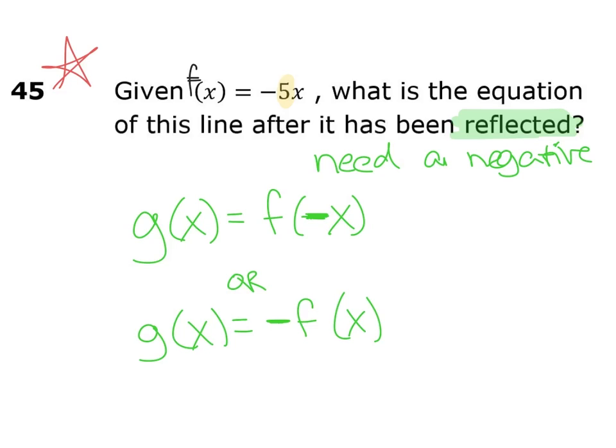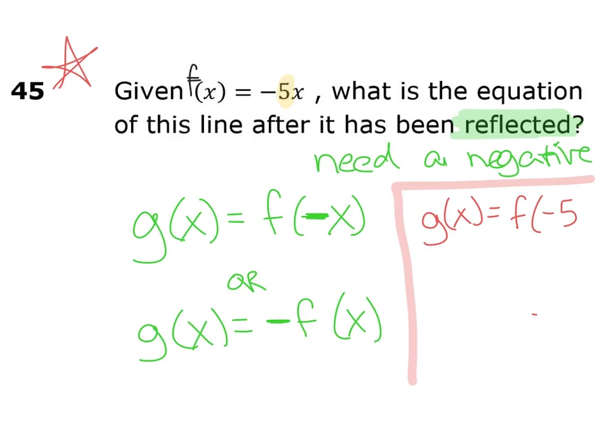So a tip for those of you who are taking your test and you're using this, if you see g of x equals f of negative 5, or you have a negative out there, if you see a 5 anywhere in the answer, it is wrong. Do not pick it.